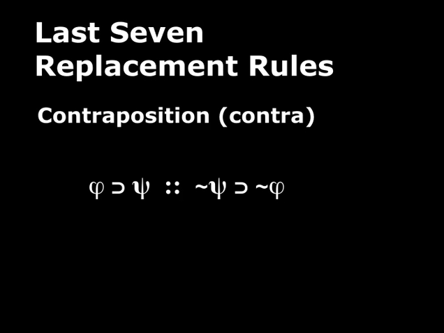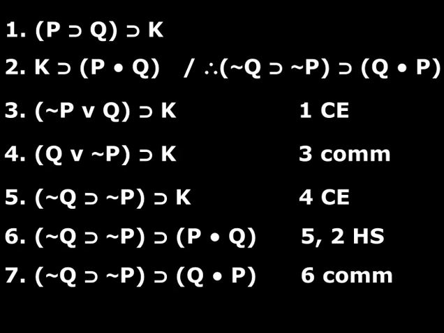Now also remember, the last proof we did involved us turning this into that. So if we go back up here, you recall one of the things I did is I turned if P then Q into if not Q then not P. And it took 3 steps. Now we have a rule that would let us do that directly. If I were going to do the same proof now, I could immediately go from line 1 to line 5, and the justification here would just be line 1 contraposition.